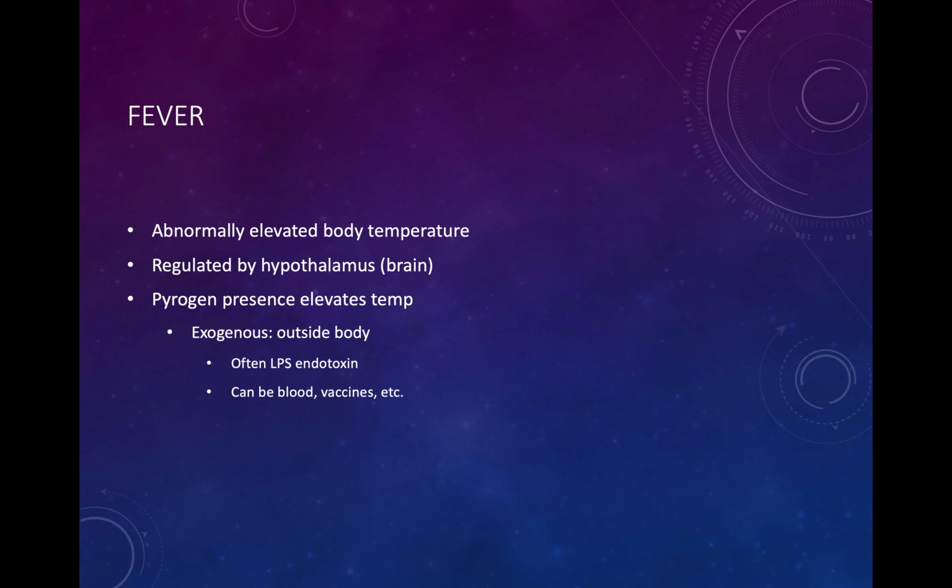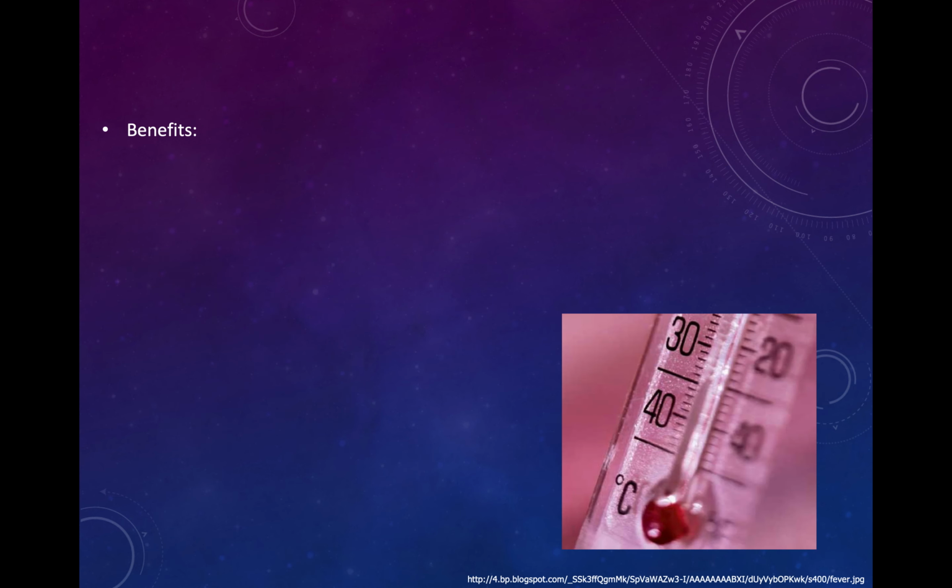This can be foreign blood that comes in, or a vaccine response, not from the vaccine components, but from the preservatives that might be accompanying that, or from the extra components of that vaccine that's responsible for helping induce an immune system response. Or, as mentioned, this can be of endogenous origin from factors released during the process of inflammation, specifically of phagocytosis. In any case, the benefits of fever are plenty.